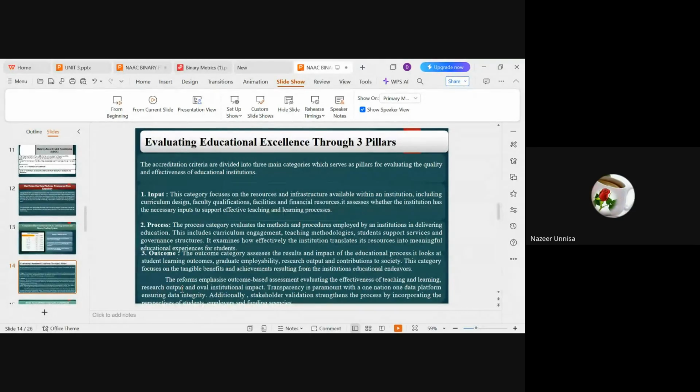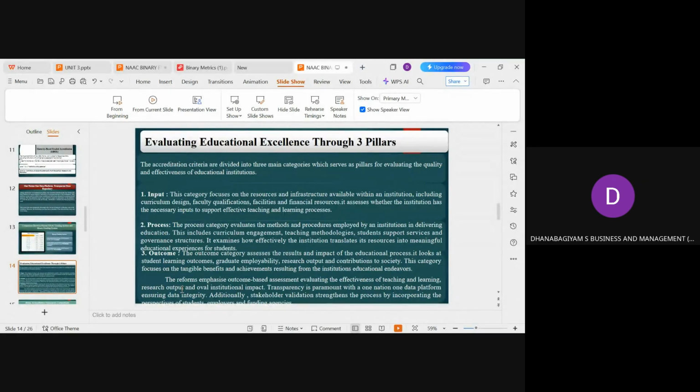Yes, ma'am. So here, the process is basically the operation: the daily operations, the student engagement activities, how we follow the teaching, whether the teaching is measured with proper feedback at all levels, whether we are imparting proper, thorough knowledge to the students, and beyond the teaching, whether we have other student engagement activities.